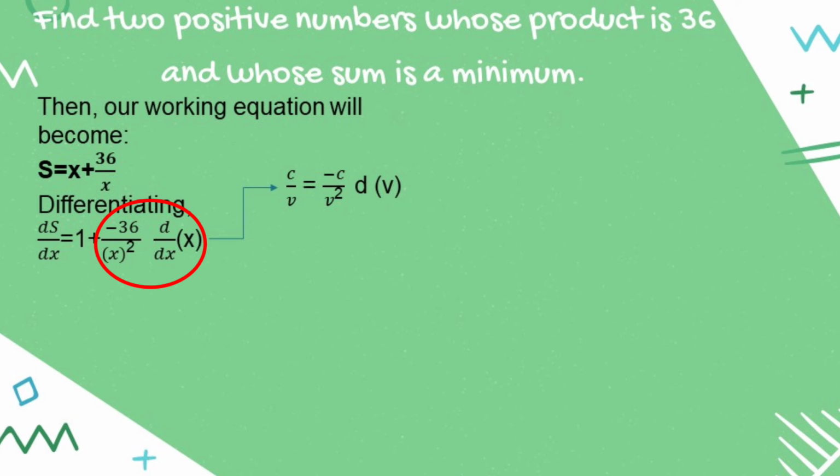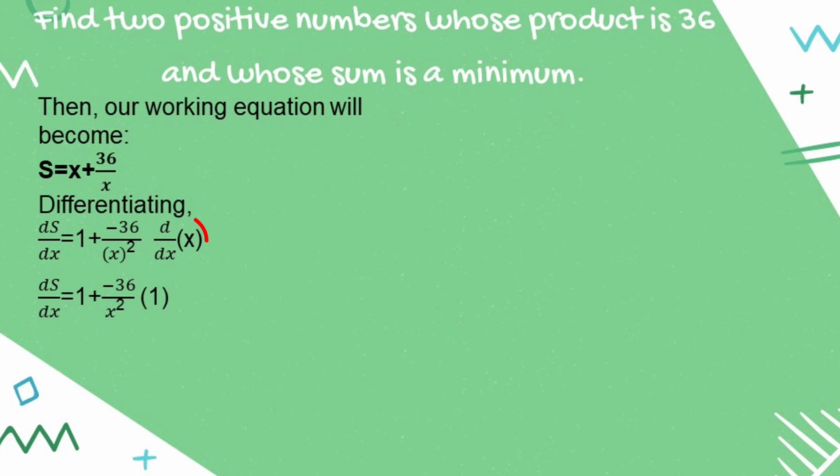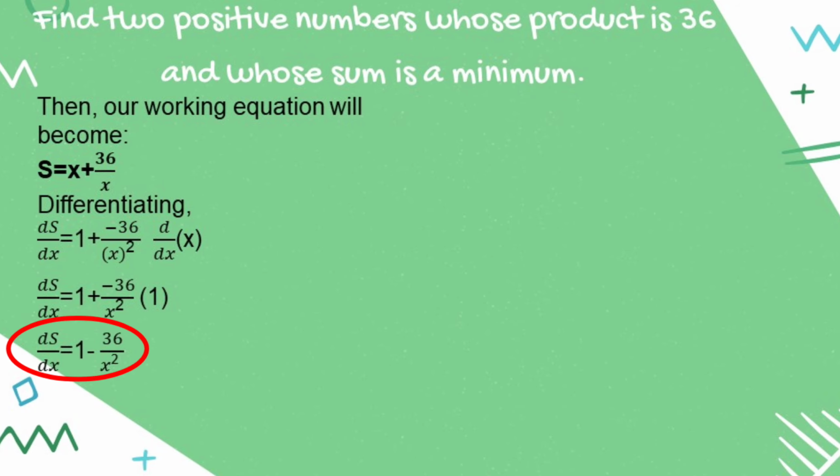Let c equal 36 and v equal x. Simplify it, so the derivative of x is 1. That's why we have ds/dx equals 1 plus negative 36 over x squared multiplied by 1. Then simplify again, and we know that a positive times a negative is negative. That's why we have ds/dx equals 1 minus 36 over x squared.